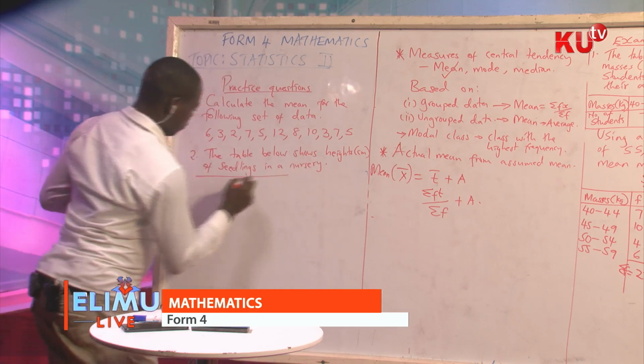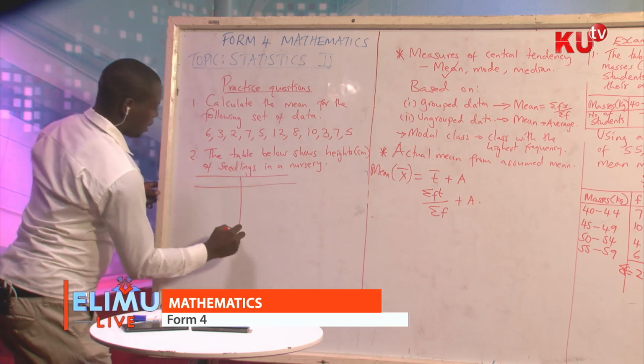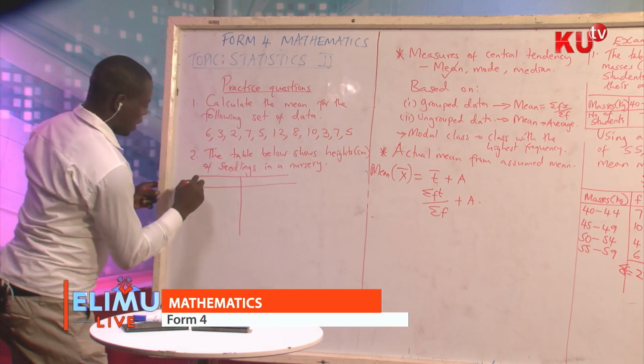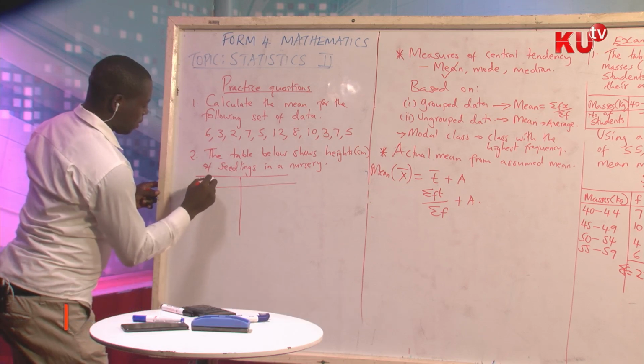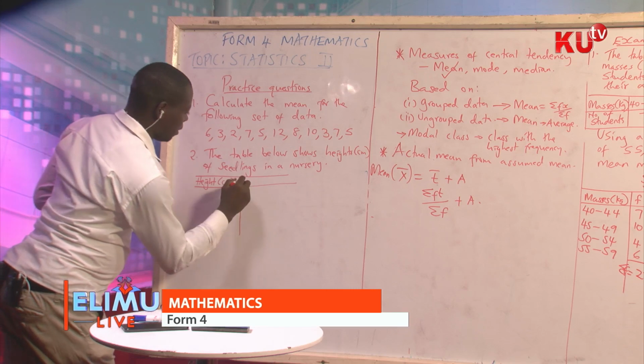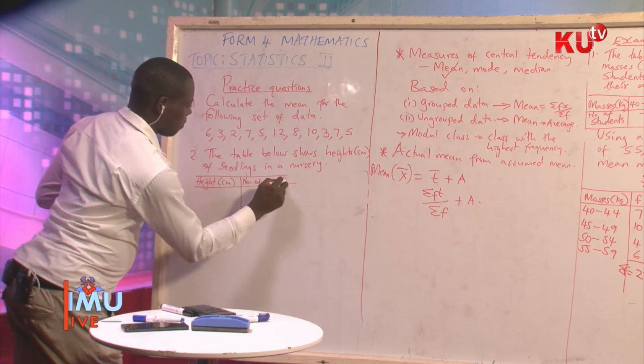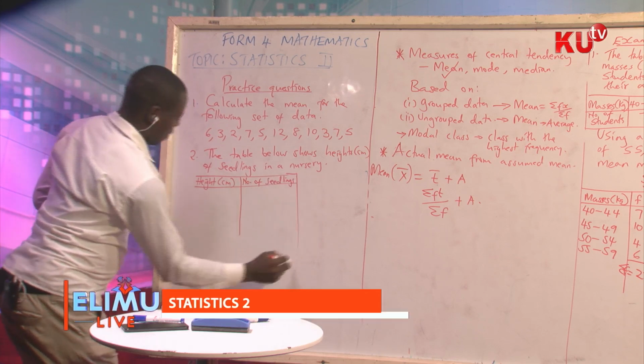We have the heights in centimeters, then the number of seedlings.